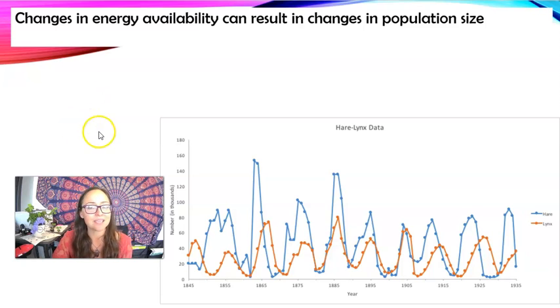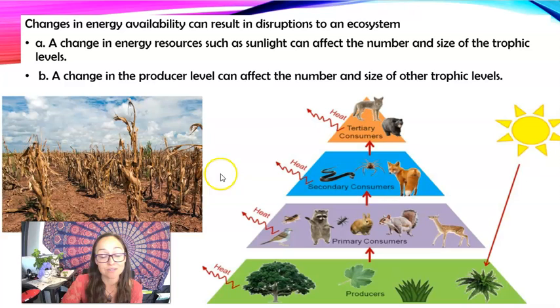This also can be tied into producers and different trophic levels. So when you look at an ecosystem or a community, really its structure is going to be dependent on the energy that's available in the producers. So the producers you have at the bottom, if there's a drought and the rain doesn't fall and the crops die, or if there's a lot of volcanic eruptions or air pollution and the sunlight is blocked and the crops can't do photosynthesis, so you have a decrease in photosynthetic activity, well, then you have a decrease in available food or available energy.